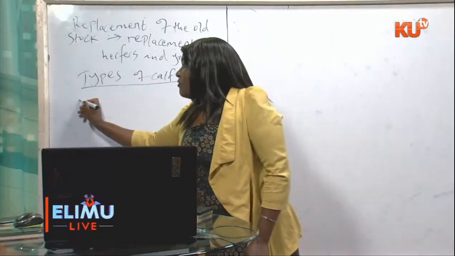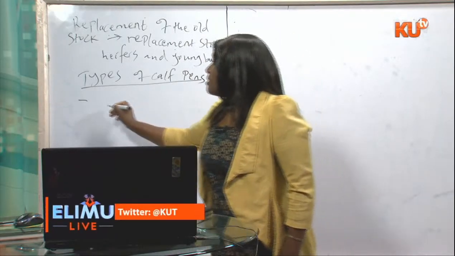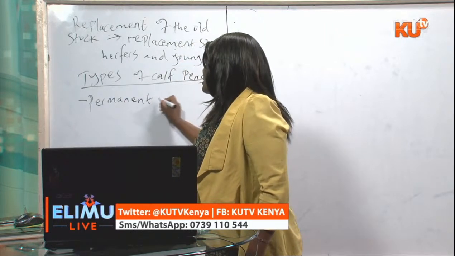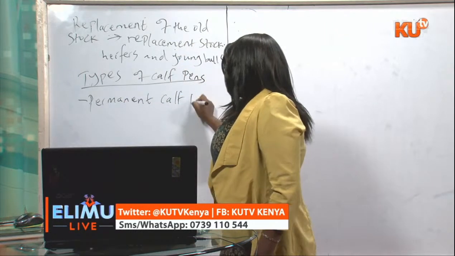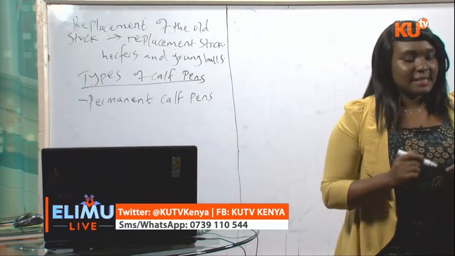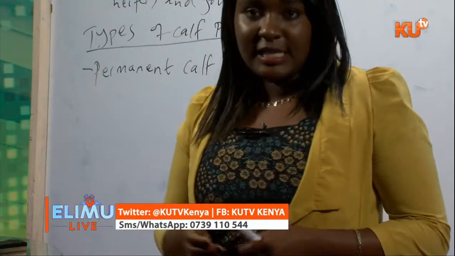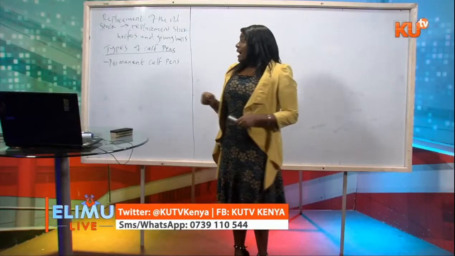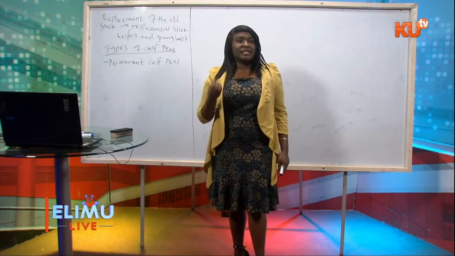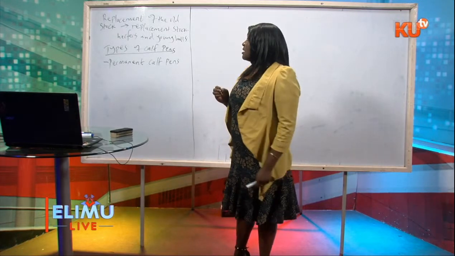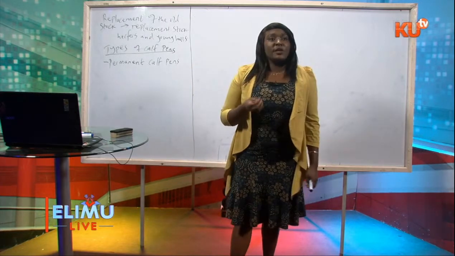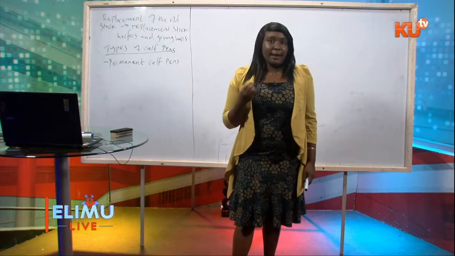And the first type of calf pen is called the permanent calf pens. Permanent calf pens are capital intensive, and therefore you require some heavy investment in terms of finances, because it means they are going to last in your farm for a long time.